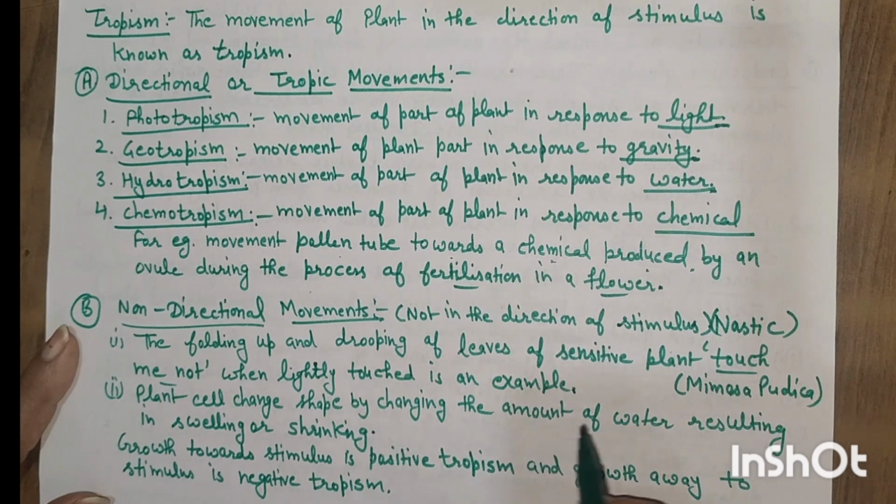Plants also change shape by changing the amount of water, which results in the swelling or shrinking of cells. That is also non-directional movement. Growth towards the stimulus is positive tropism. If growth takes place towards the stimulus, that is positive tropism, and if growth takes place away from the stimulus, that is called negative tropism.